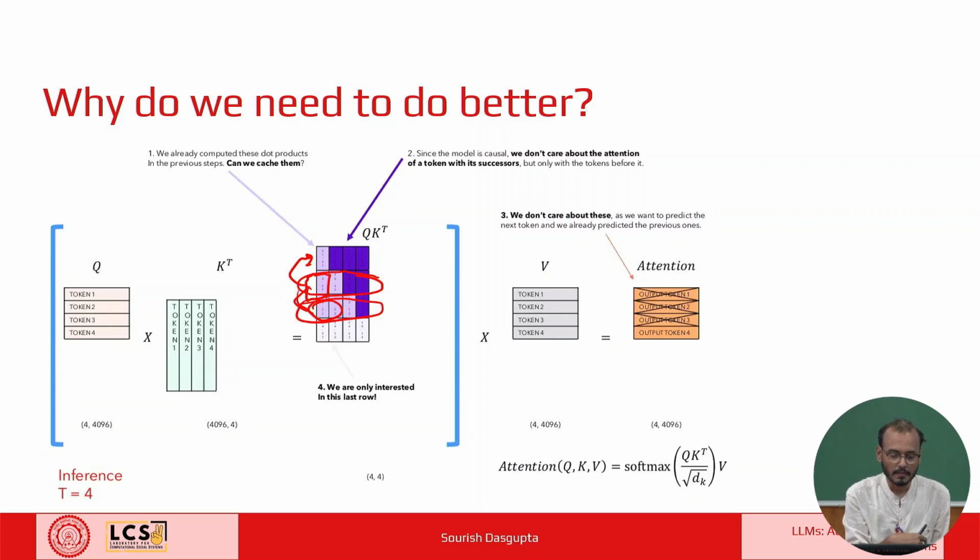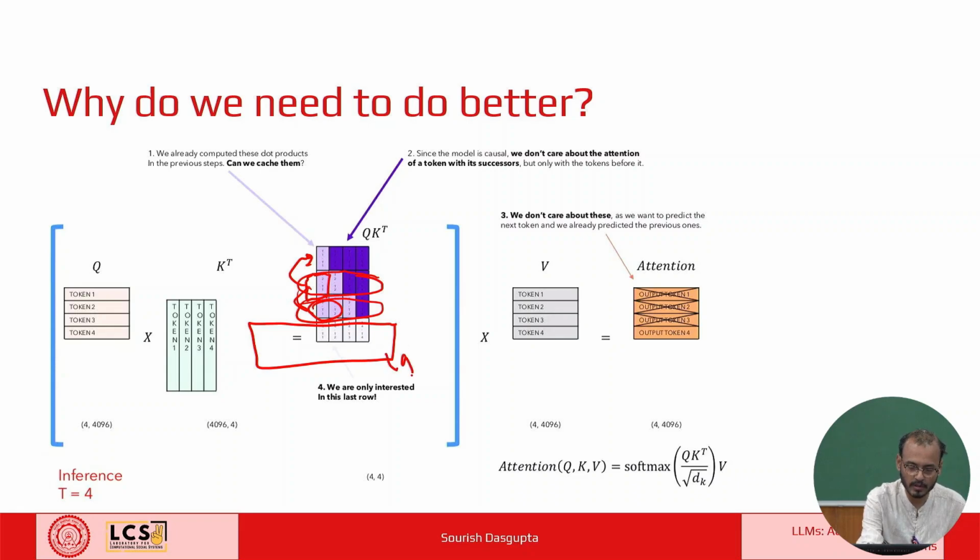Interestingly, since it's a language model, you're always interested in what's going to happen next, not in what has already happened before, because the entire point of a language model is to predict the next linguistic unit. So in our case, if the linguistic unit is a token, the problem becomes what is the probability of the next token, right?